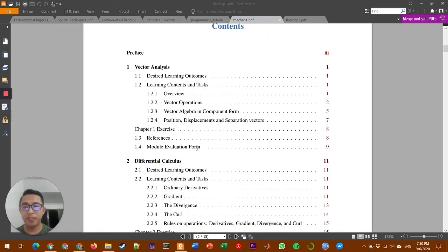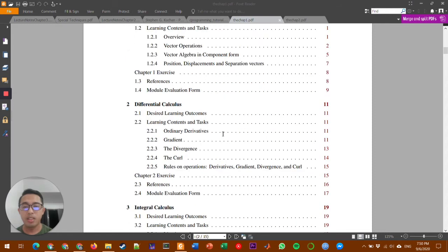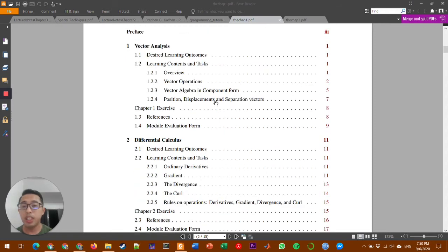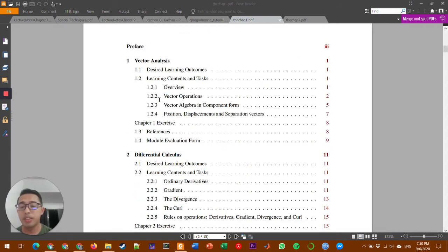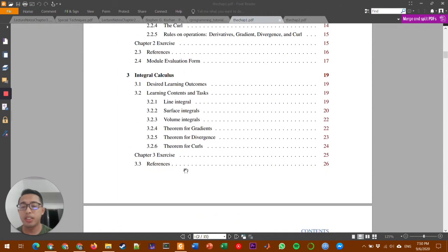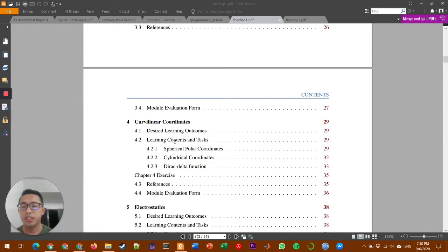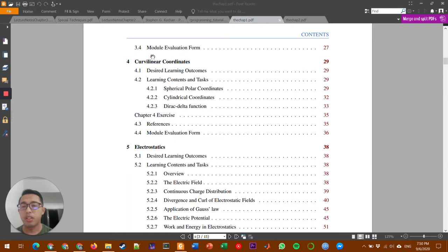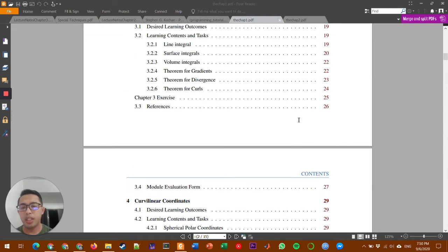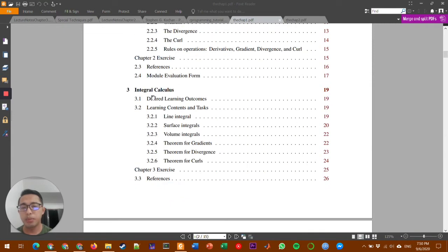Course outline. So for the coverage of the midterm, it will just include the following topics: vector analysis, differential calculus, integral calculus.